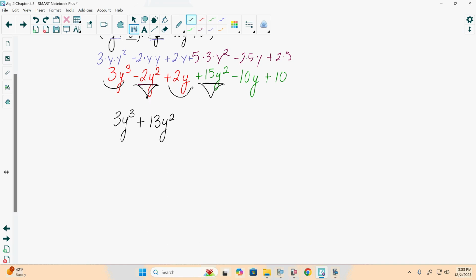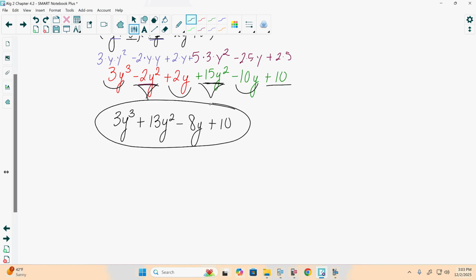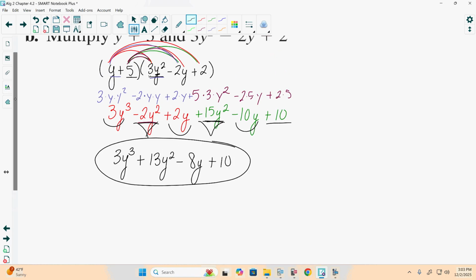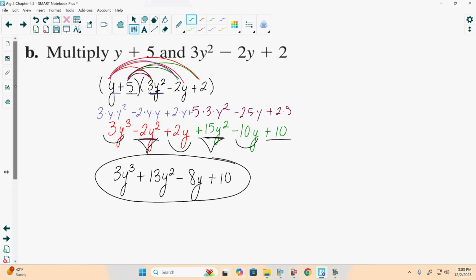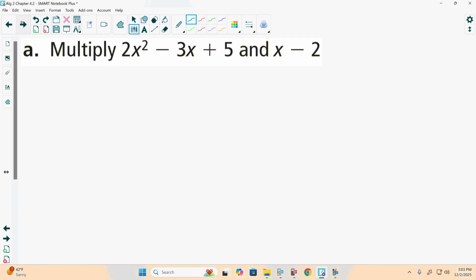Then we move on to our y terms, our 2y minus 10y. 2 minus 10 is going to be negative 8y. And lastly, our constant term doesn't have any like terms, so it's just going to be plus 10. Questions on this so far? Questions on multiplication?